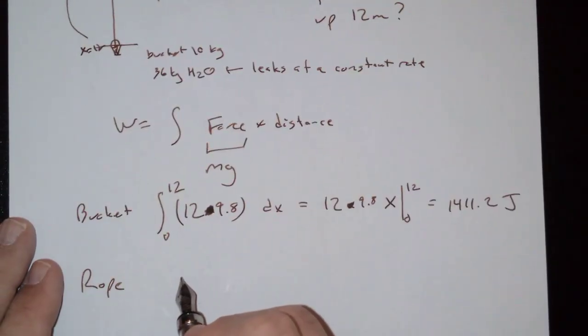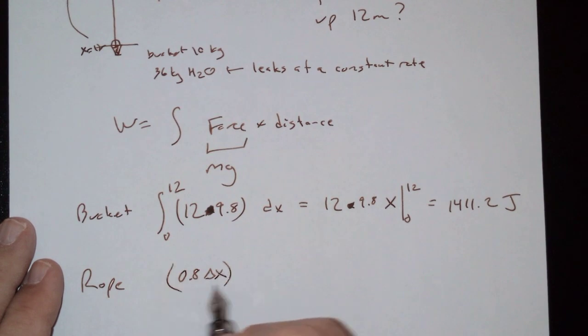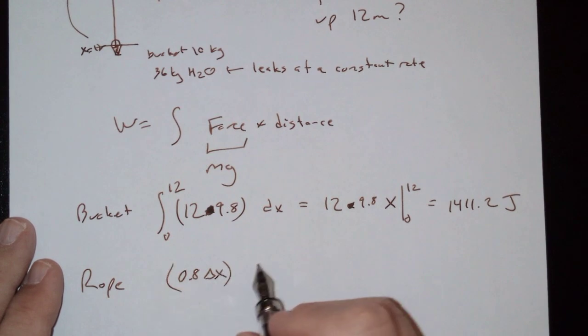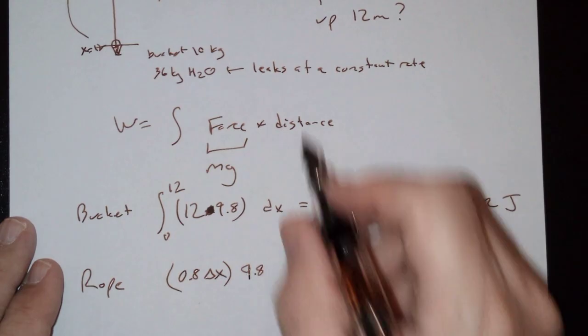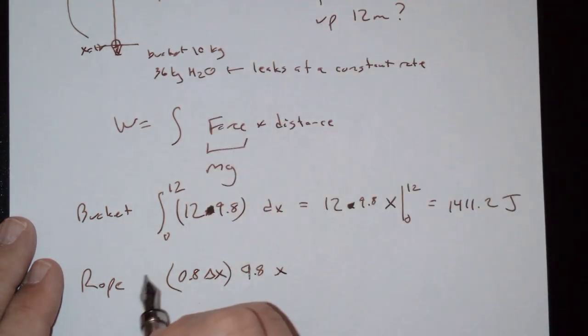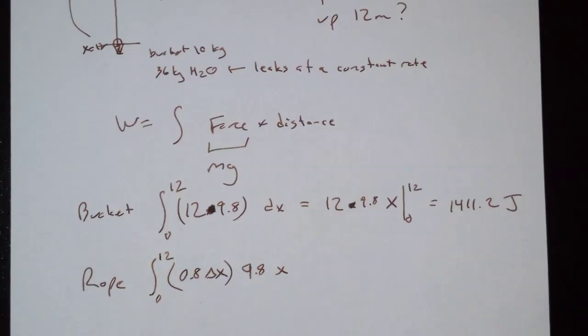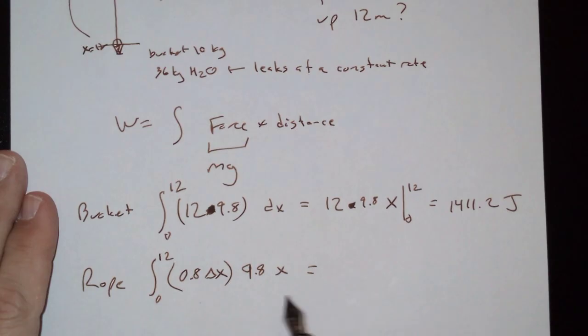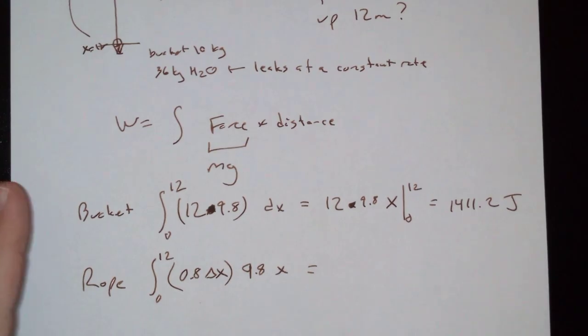So I have 0.8 times delta x, that's the mass of the rope, times 9.8 for the gravity, times x for the distance, going from 0 to 12. Oh, okay. 9.8 times 0.8.